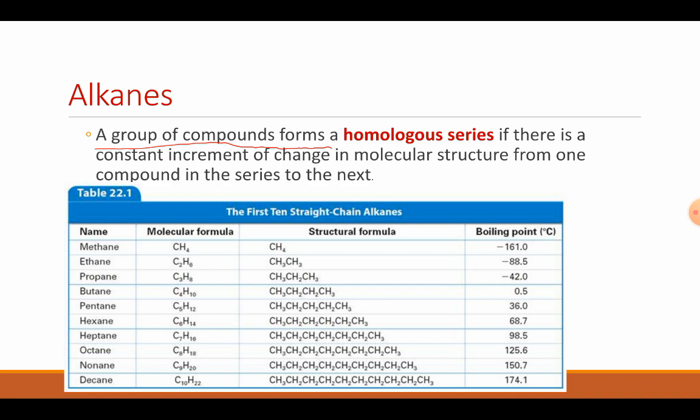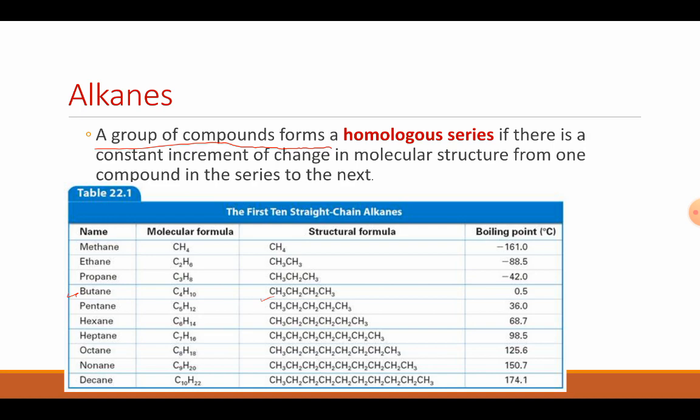Third, propane, C3H8 or CH3, CH2, CH3. Number 4, butane, C4H10, CH3, CH2, CH2, CH3. And we will know now why we put CH3 and CH2, why.